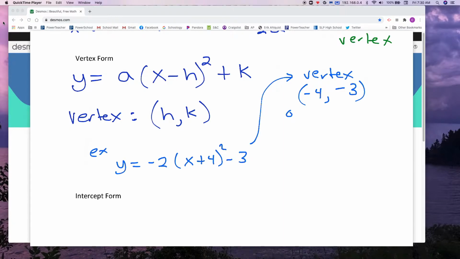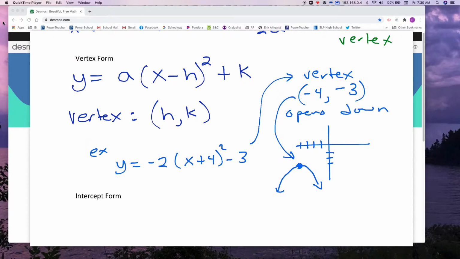And this one opens down because the a value is negative. So if you were going to graph something like this one, you go negative 4, negative 3, and then you could plot some other points, but in general, it would take on that shape because that right there is the vertex. So that's vertex form. If it's written like that, it's really easy to figure out what the vertex is, and you don't even have to find the y value, you just have it all right there.